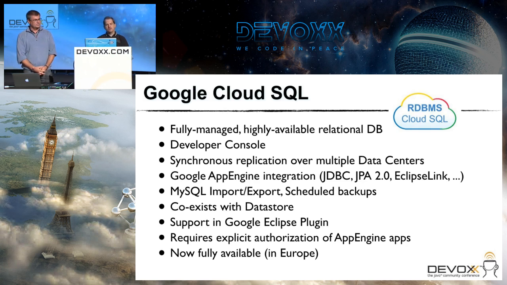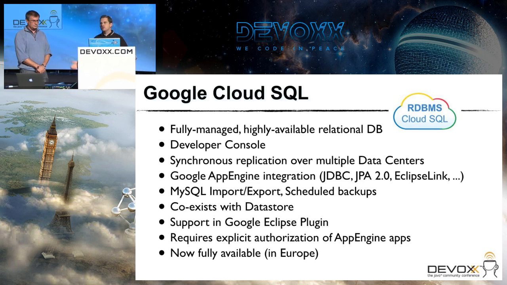I alluded to this before. We now have something that's different in the sense that Cloud SQL, Google Cloud SQL, is a relational database. Actually, it's based on MySQL, which was put in production in an environment that's fully managed. So you never install MySQL, you never patch it, you never really administer it. I'll show you the developer console in a second, but it's fairly simple.